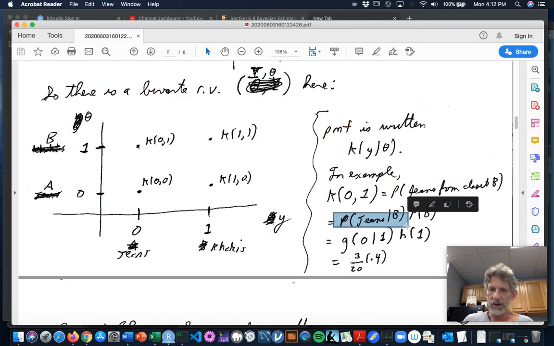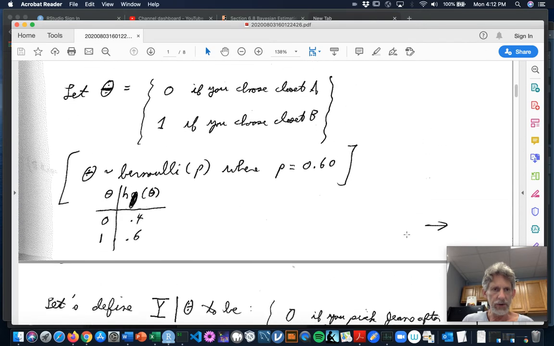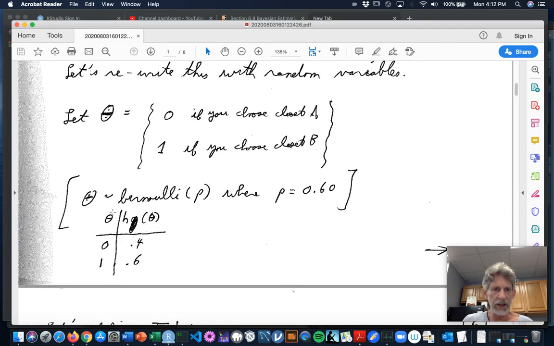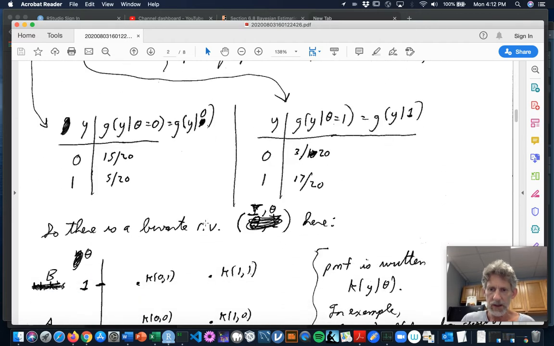Well, it's the chance that you pick jeans given that you went to closet B times the chance of closet B. So it's G of 0 given 1 times the prior on closet B. And did I write down that the PMF for the prior is H? Yeah. The PMF on your prior shall be called little h. I want to make sure you keep that in mind.